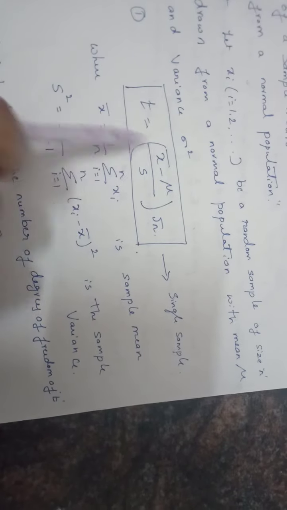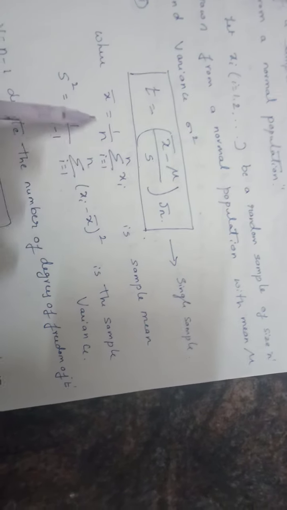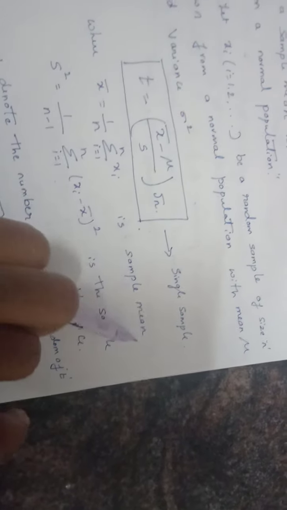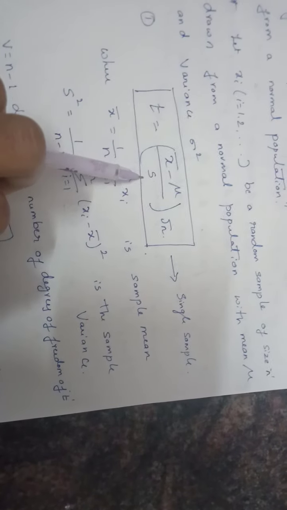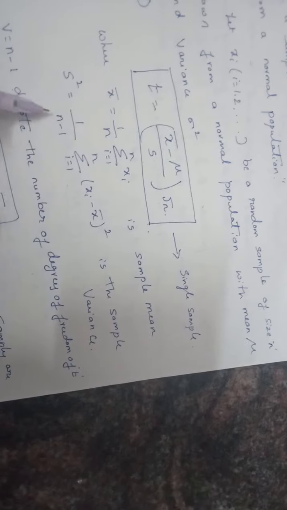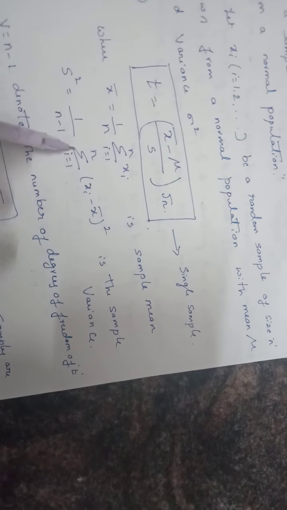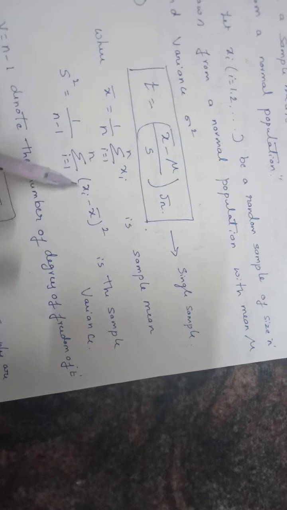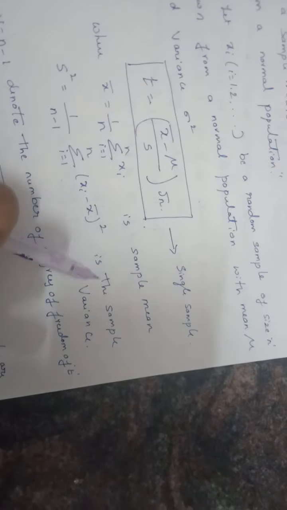One is for a single sample mean. x bar is summation of xi by n, that is 1 by n into summation of xi, the sample mean. For the denominator, s square is 1 by n minus 1 into summation of i equals 1 to n of xi minus x bar whole square, the sample variance.